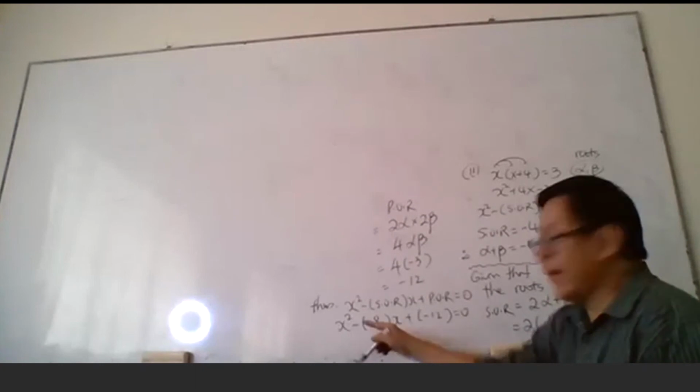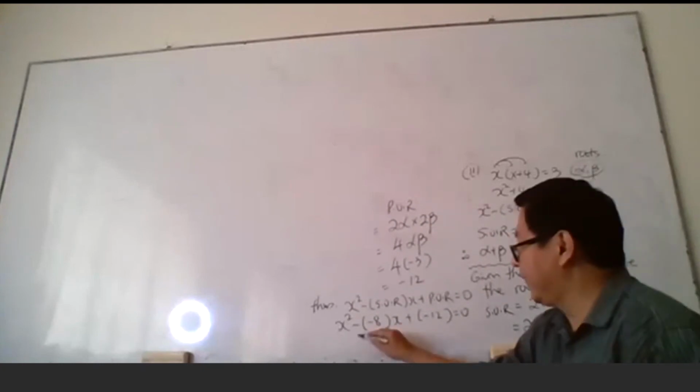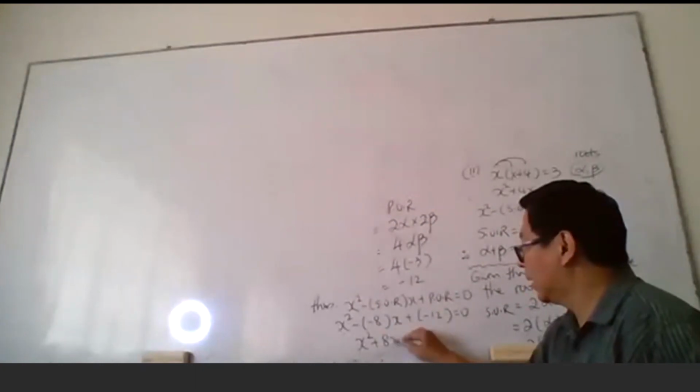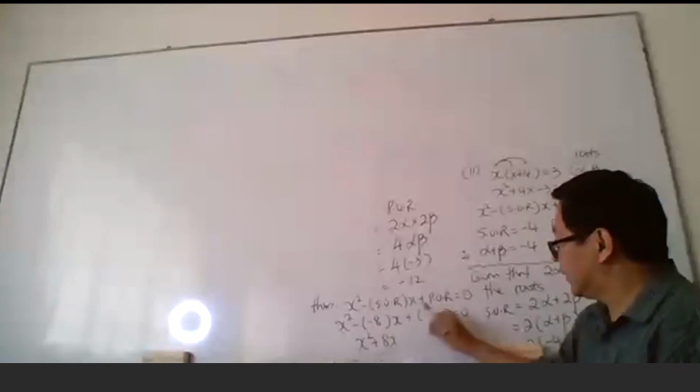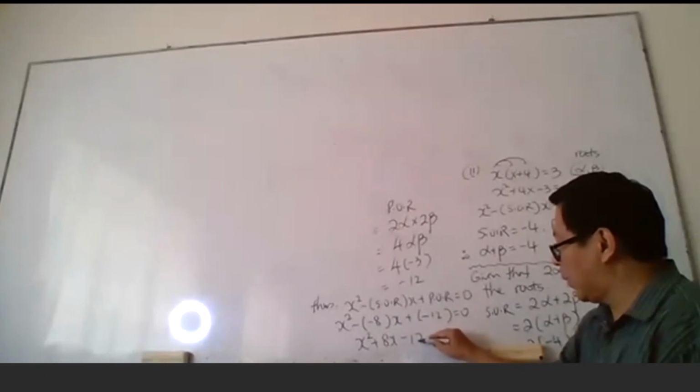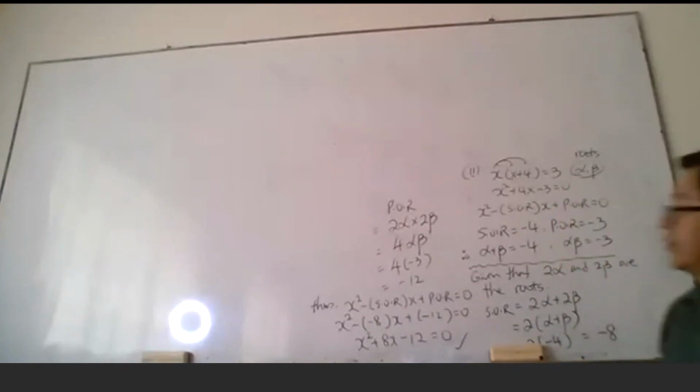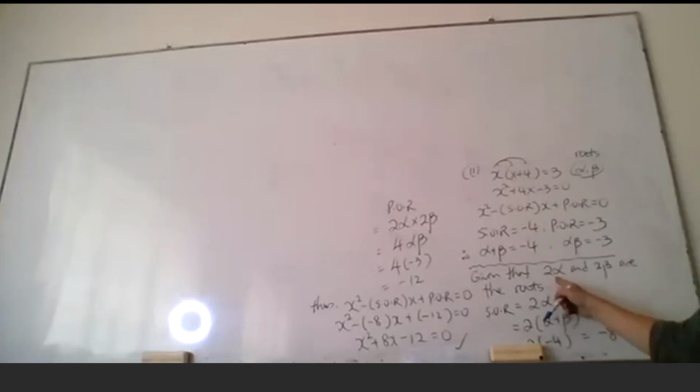Of course, negative becomes positive: plus 8x, and minus 12. So this is your answer for 2 alpha and 2 beta.